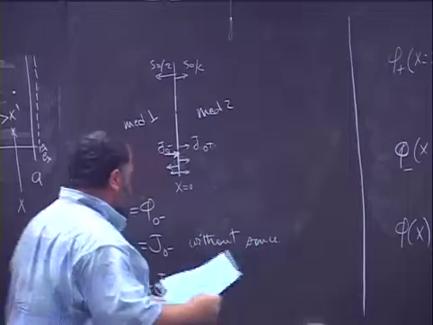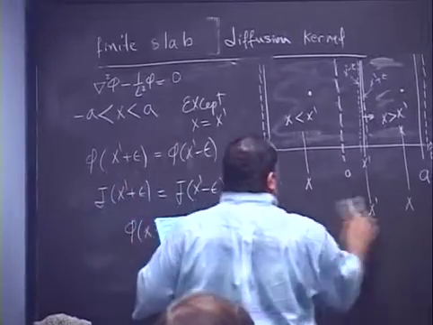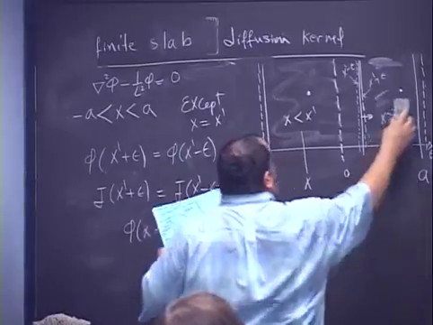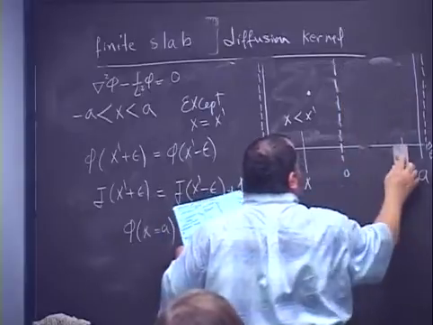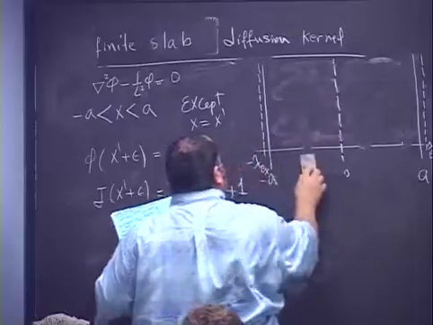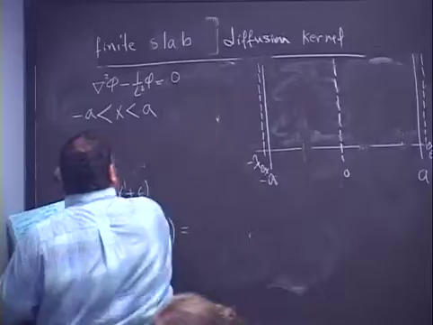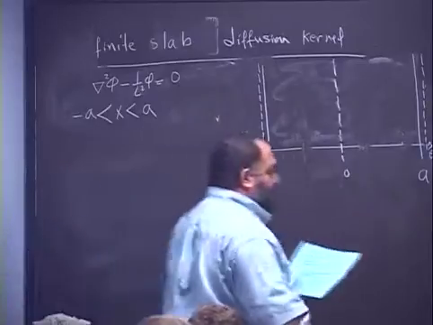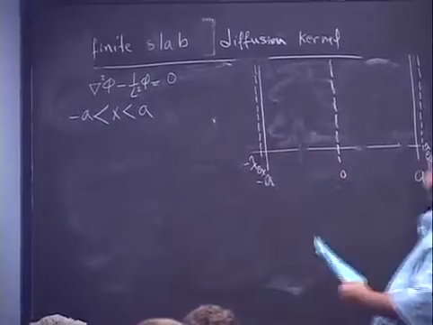So let's look at the case where we have a slab like this. It's a finite slab, but we have an incident neutron beam.